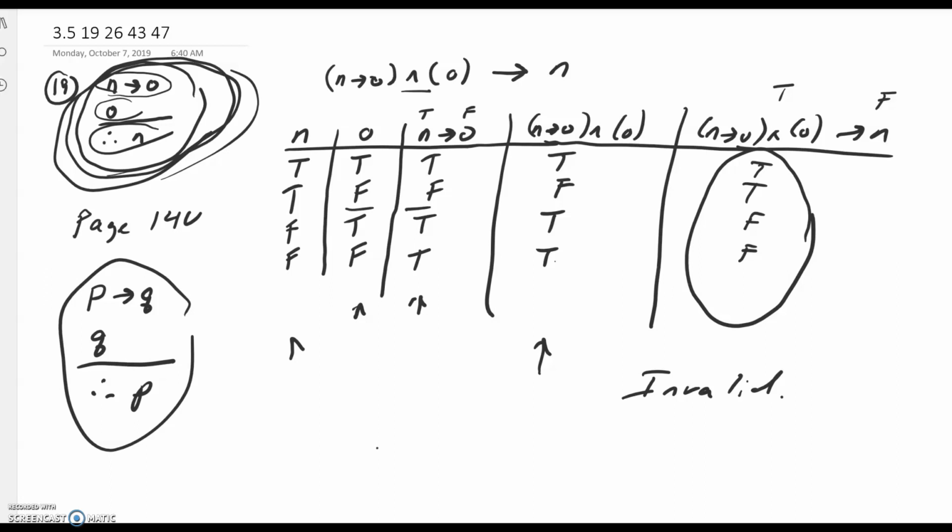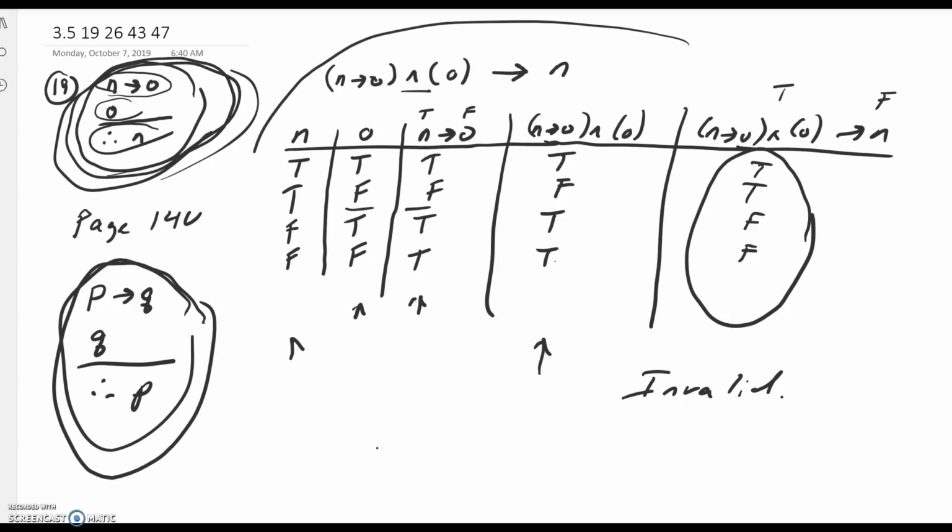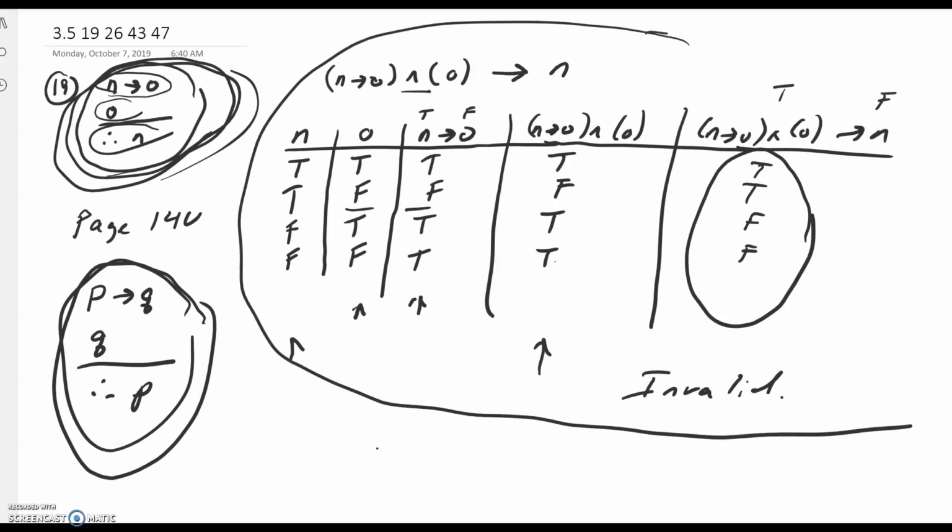There's several problems with doing it this way. The main problem is you'd have to memorize that chart and really understand it to use it on an exam, whereas we've spent a lot of time on truth tables, and you kind of understand how truth tables work. This is the heart of the matter.